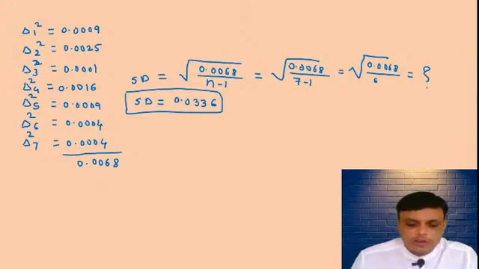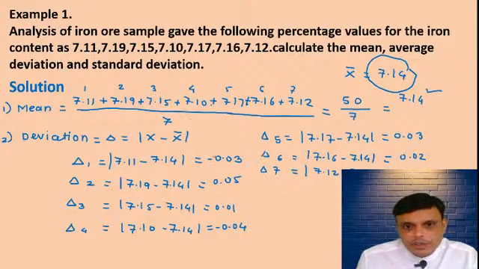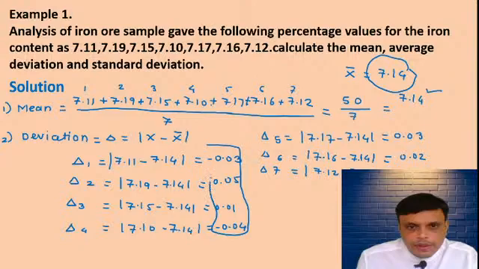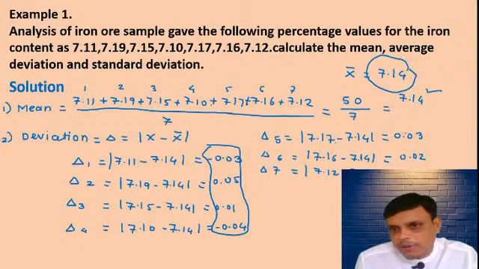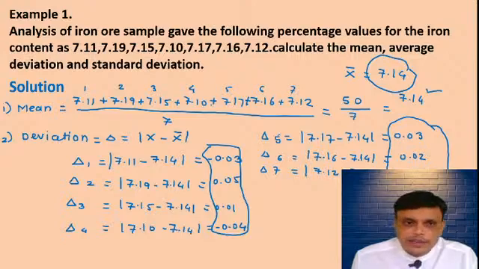What is the value of mean or average deviation? You have to add this value. Mean or average deviation, you have to add all this value and divide it by the number.